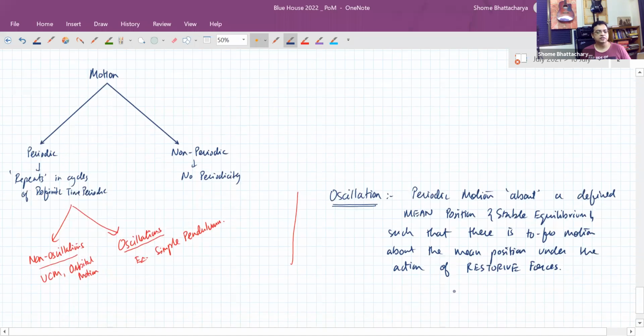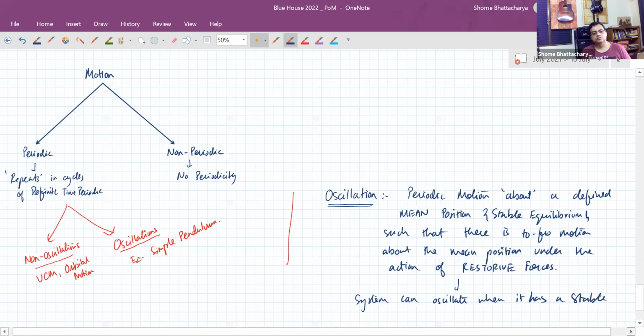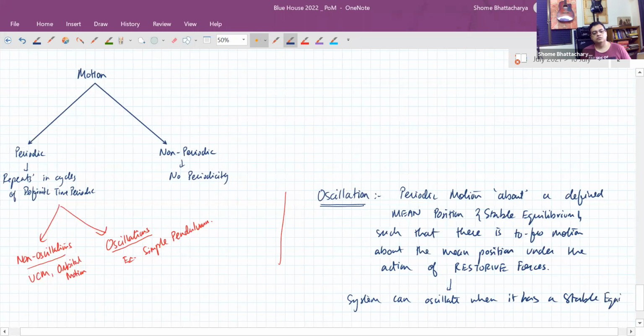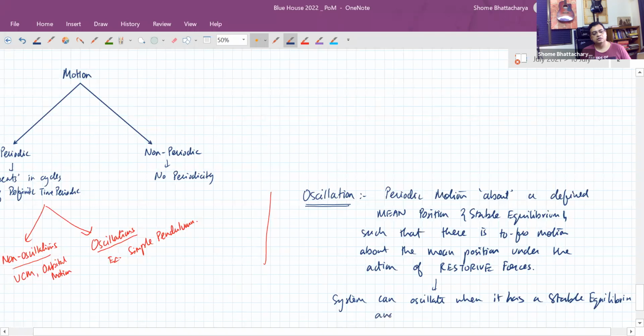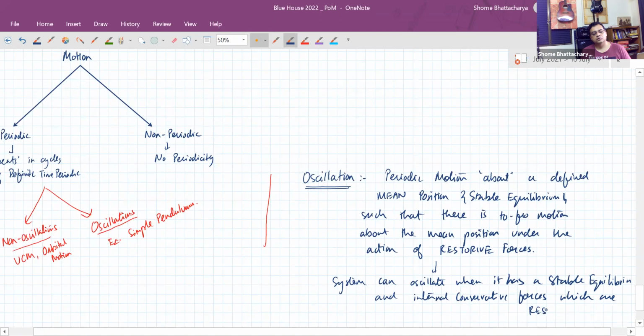So the necessary condition in terms of mechanics is that a system can oscillate when it has a stable equilibrium position and internal conservative forces which are restorative only.